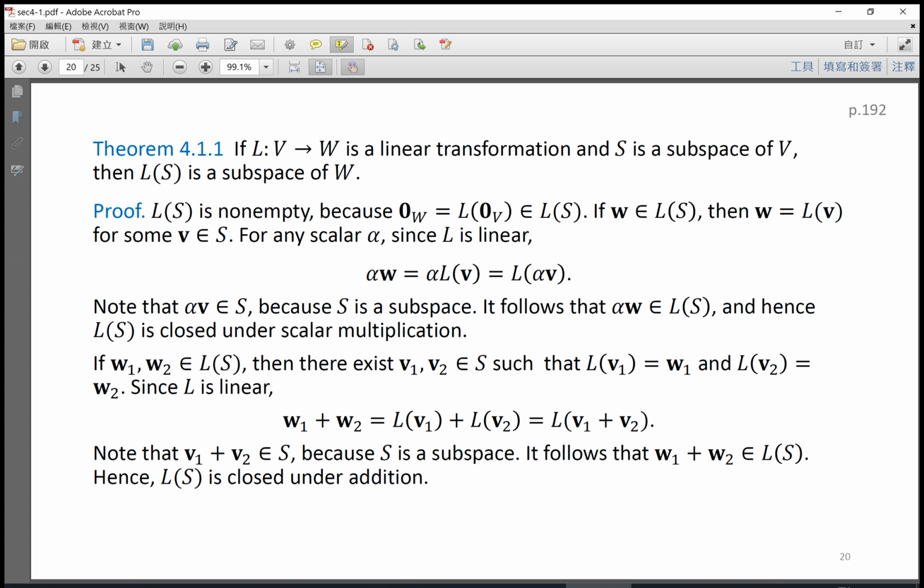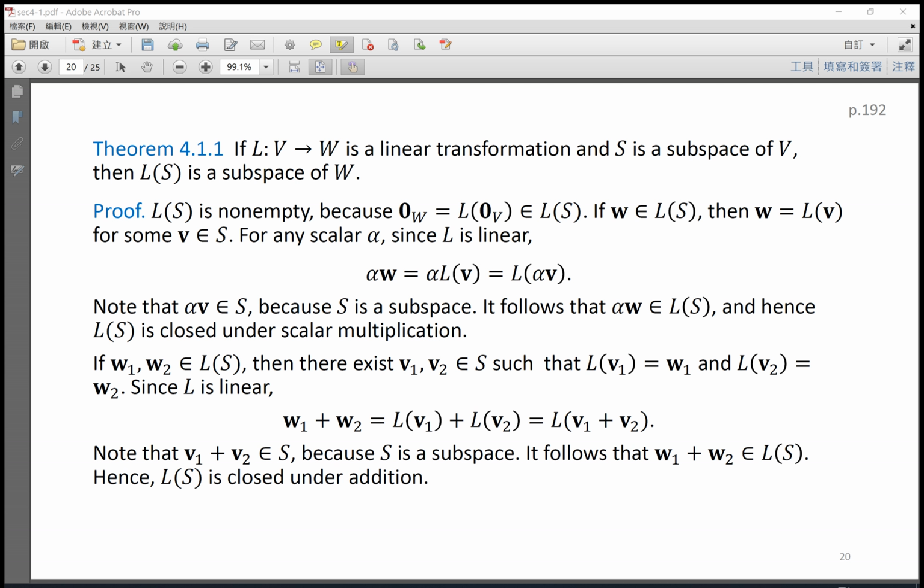First, we prove that L of S is non-empty. Because 0W is always in L of S, L of S has at least one element. We have shown this fact in the previous slides. Next, we show L of S is closed under scalar multiplication.